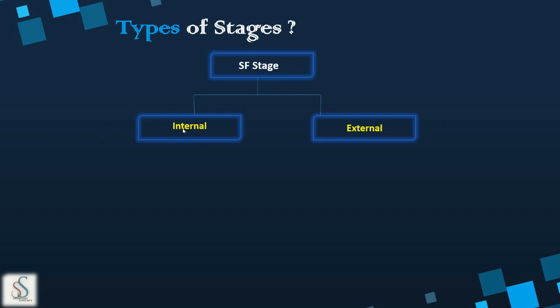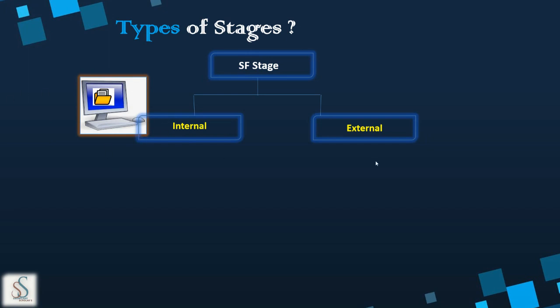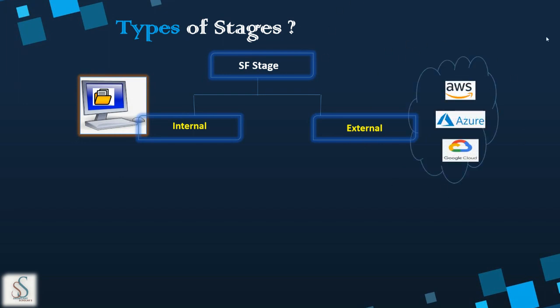Internal stage is used when you want to load the files from local paths like FTP paths, Mac file paths, or Windows local paths, desktop locations. And external is used to load the data from cloud storage accounts. So do not focus on the external now, focus only on the internal.